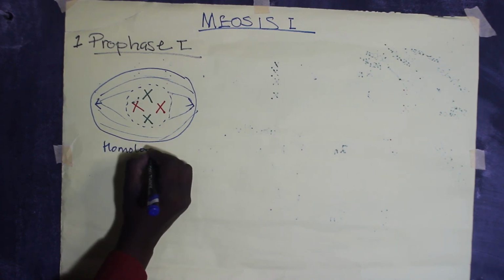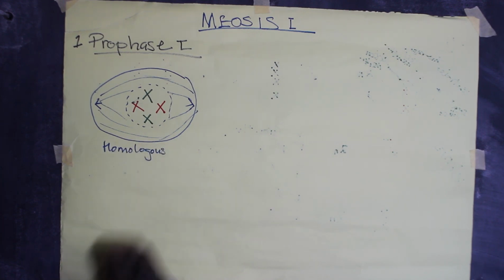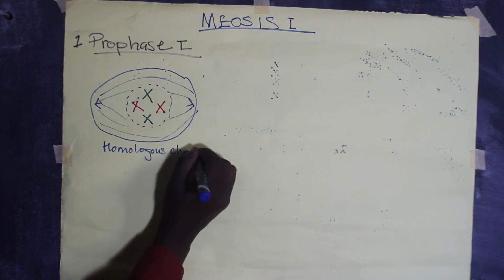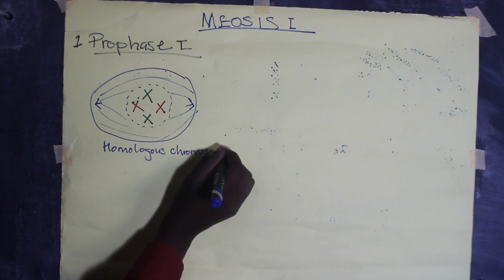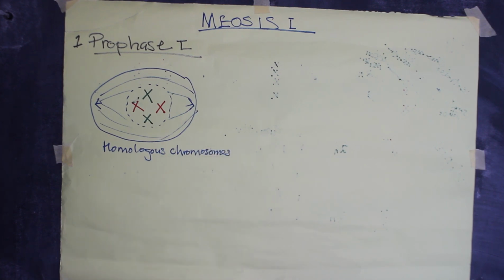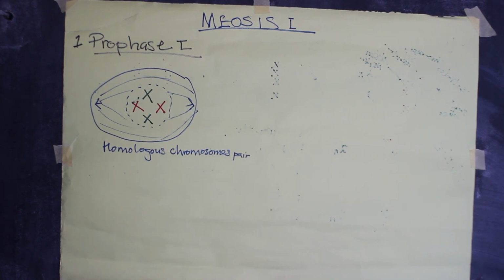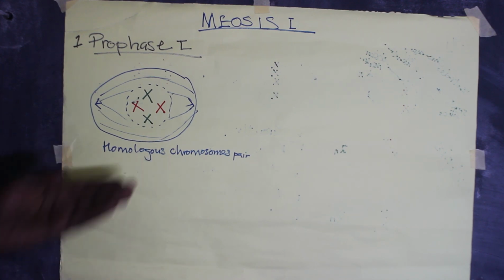homologous. We say we have homologous chromosomes, and we are going to have homologous chromosome pairing. Homo means same.